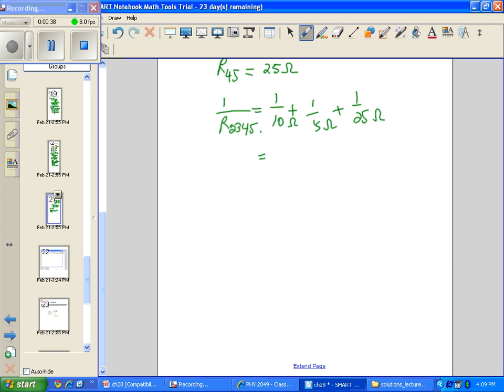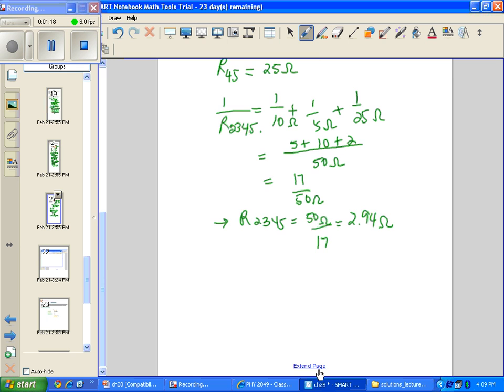We get a common denominator here of 50 ohms, and therefore we have 5 plus 10 plus 2, which gives us 17 over 50 ohms. Therefore, R2345 is equal to 50 ohms divided by 17. And if we would like to write this as a decimal, 2.94 ohms.